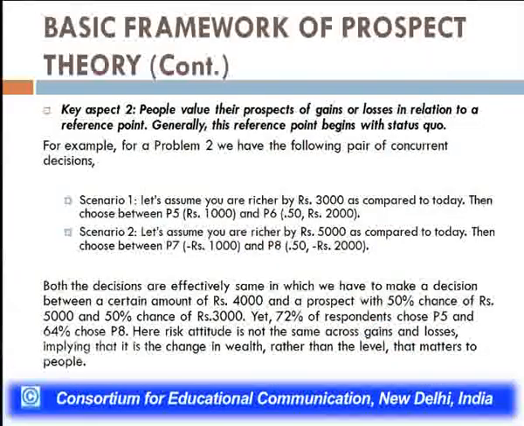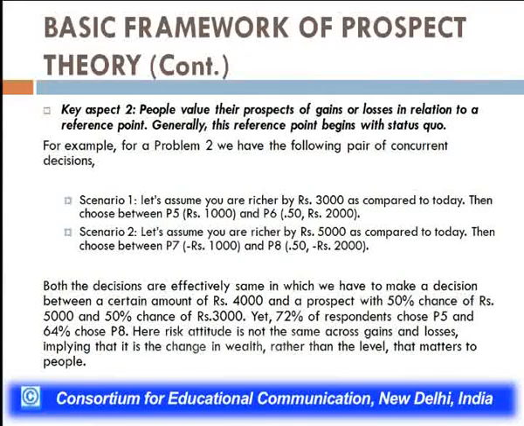In this case, it was found that 64% of the people chose P8. That means whenever there is a prospect of incurring losses, we try to become risk seekers. That is why we chose P8. So, risk attitude is not the same across all types of gains or losses, but depends upon the change in wealth rather than the level that matters to people.